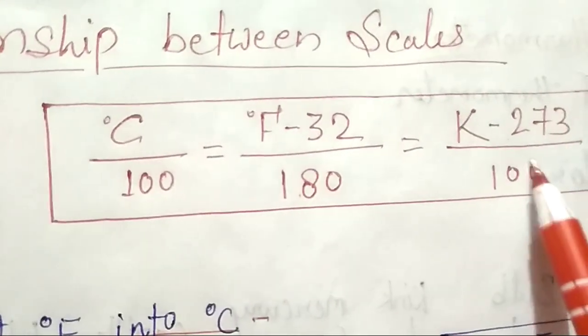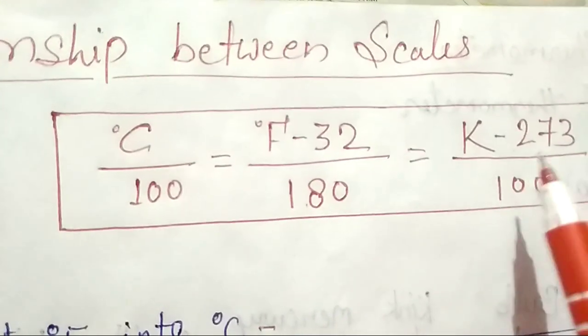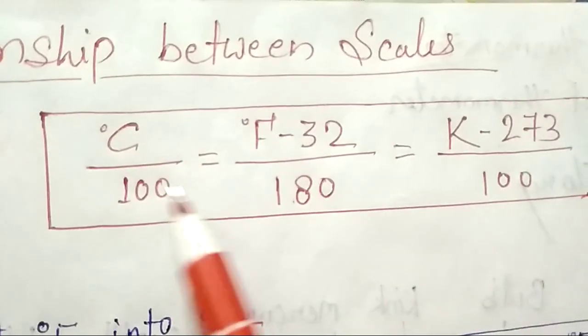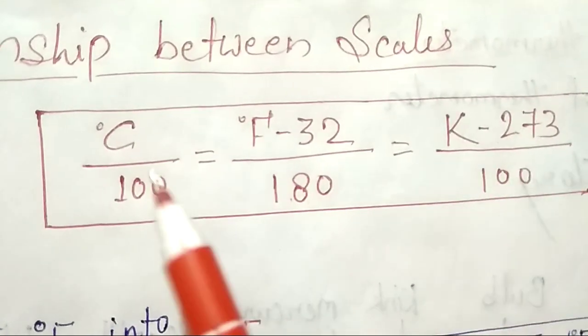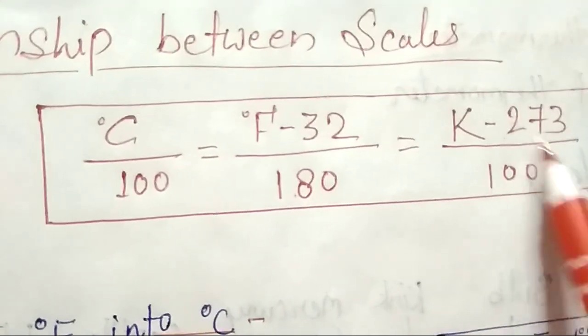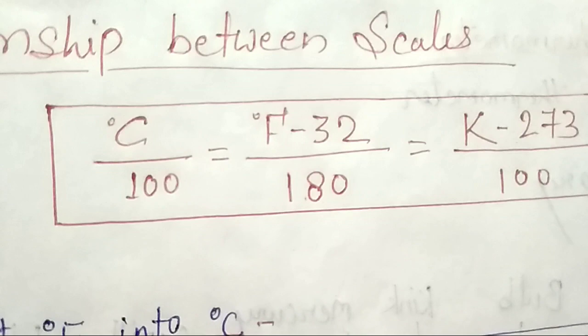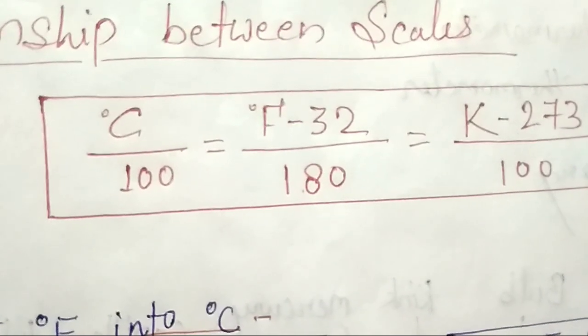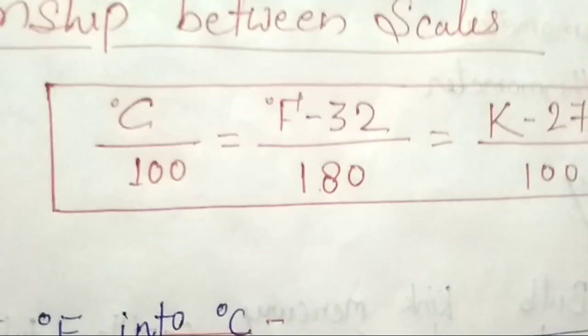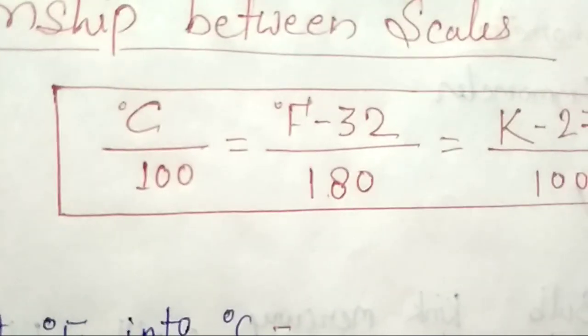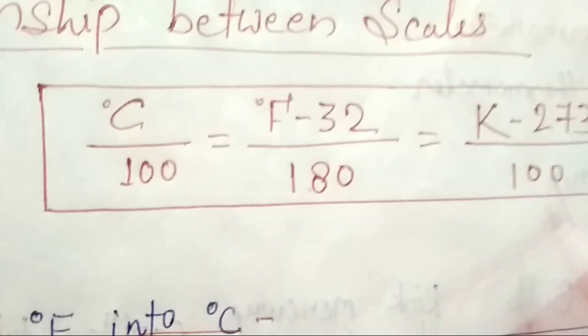And if we want to find the value of degree Celsius and the value in Kelvin is given, we use these two steps. To find values in different scales, I have written some formulas derived from these formulas.